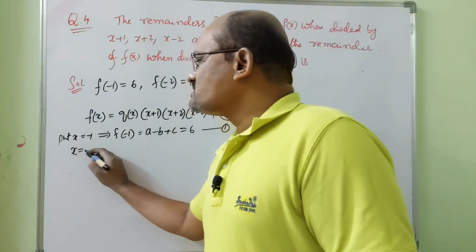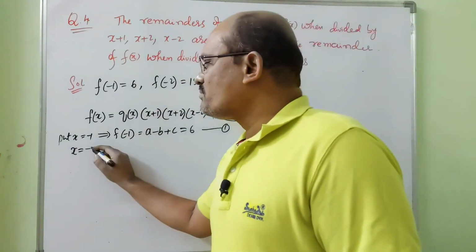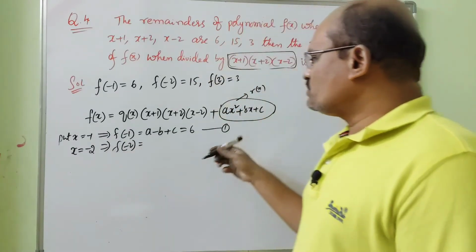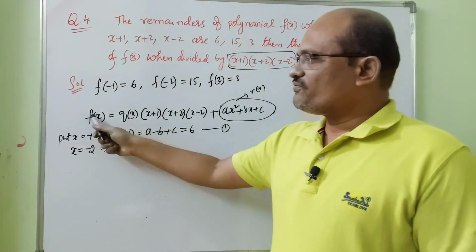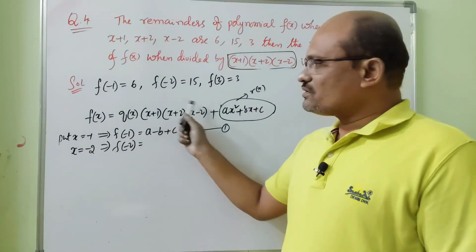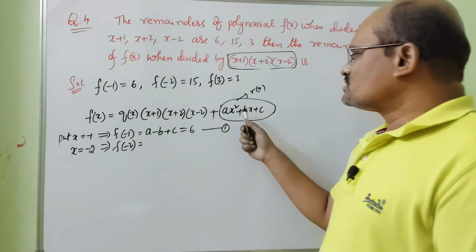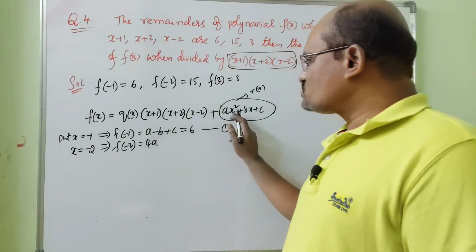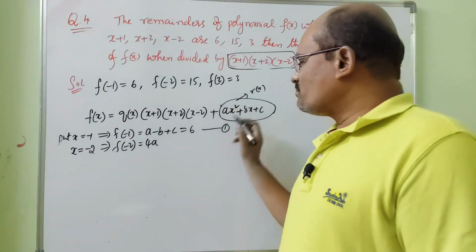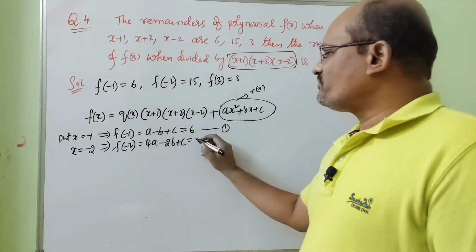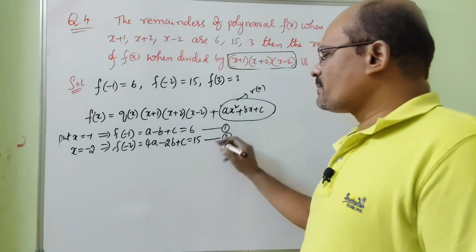Now I suggest to put x equal to minus 2 on both sides. You will get f of minus 2. When you put minus 2, this factor becomes 0 and this entire thing becomes 0. So you have to put minus 2 in the remainder. You will get 4a, minus 2 whole square is 4. 4a minus 2b plus c is equal to 15. This is equation 2.